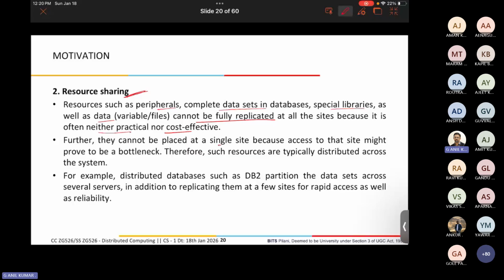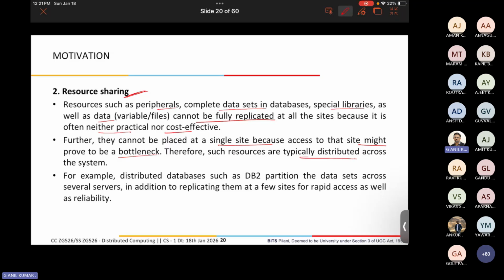Further, they cannot be placed at a single site because access to such a site may be a bottleneck. What if you try to have all the data in one single place, and because of natural calamities the building comes down? You lose the access. So a distributed system is able to give you better fault tolerance mechanisms and better replications also. We'll discuss all that later, how and why. Therefore, such resources are typically distributed across systems.